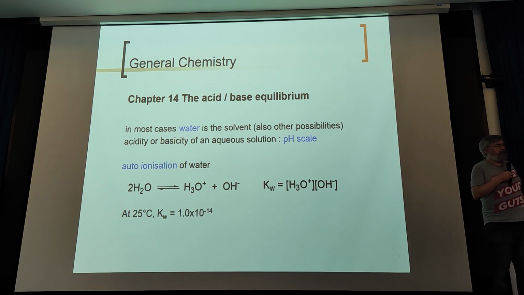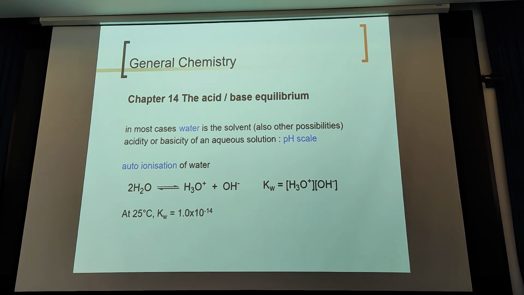Now at 25 degrees Celsius, this value is 10 to the minus 14. And this already gives an explanation of how come the scale of pH is from 0 to 14. So very low number, and that means we actually have a very low concentration of H plus and H3O plus forms.